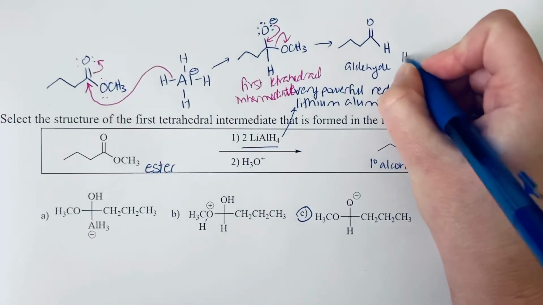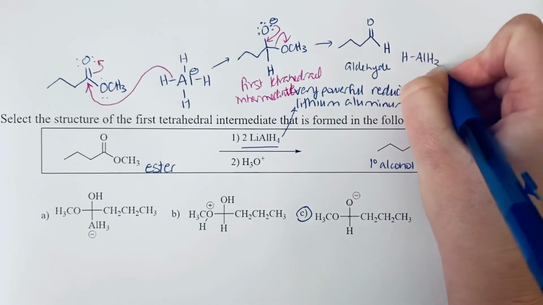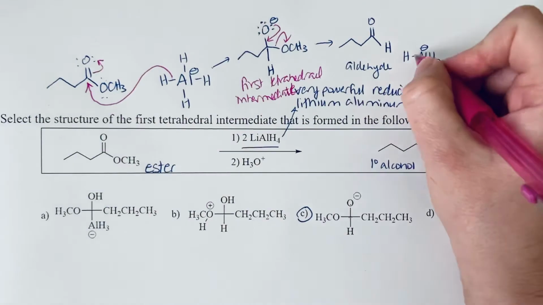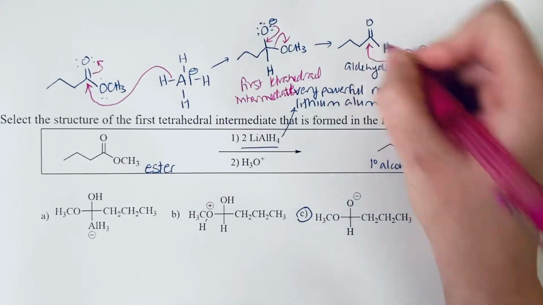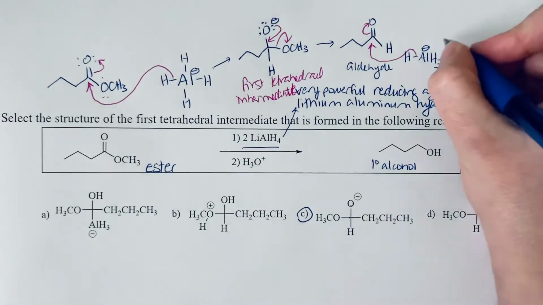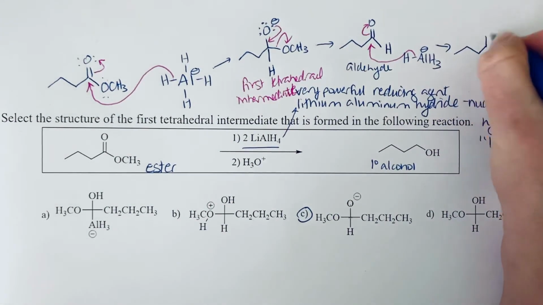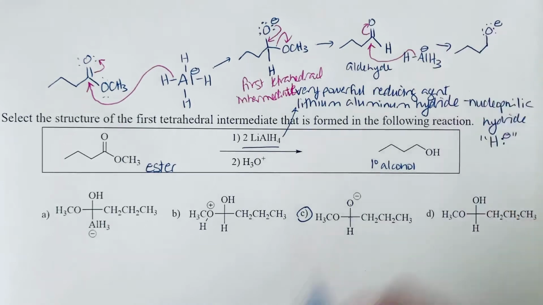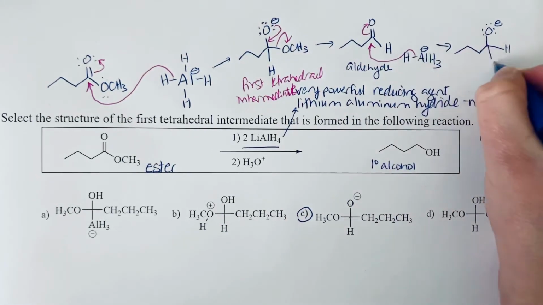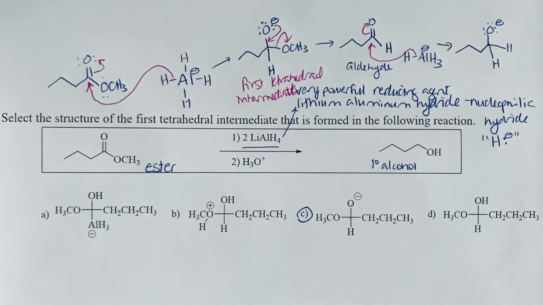So we can show again this aluminum hydride doing the same sort of attack on the carbonyl, transferring the hydrogen, and we're going to get another tetrahedral intermediate. Again we have an oxygen with a negative charge, the hydrogen that we added in the first step, and another hydrogen. This is really close to the primary alcohol.